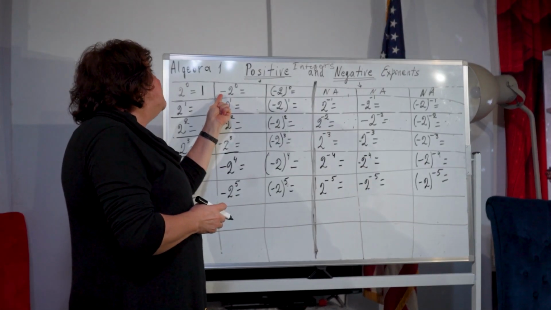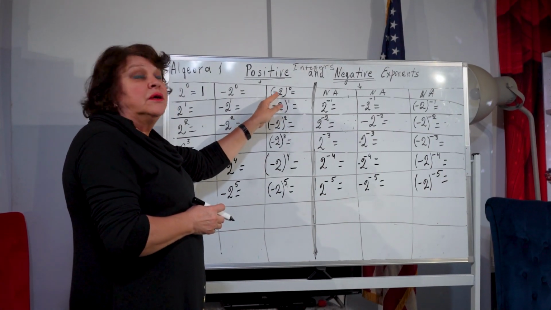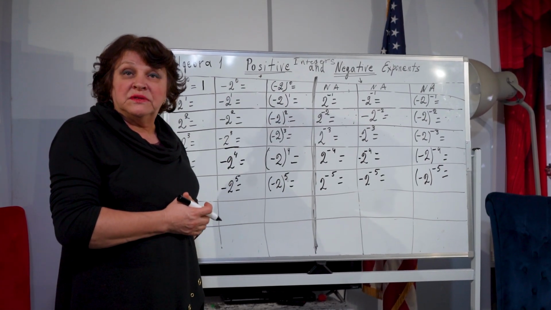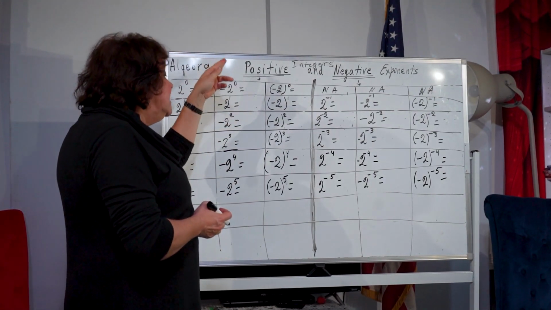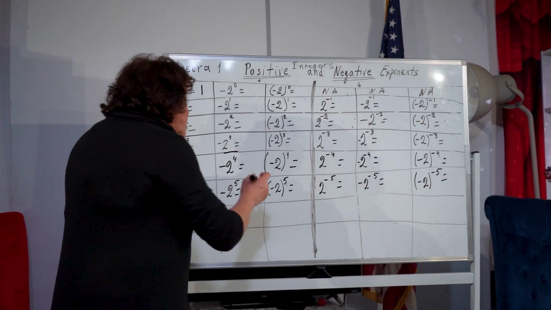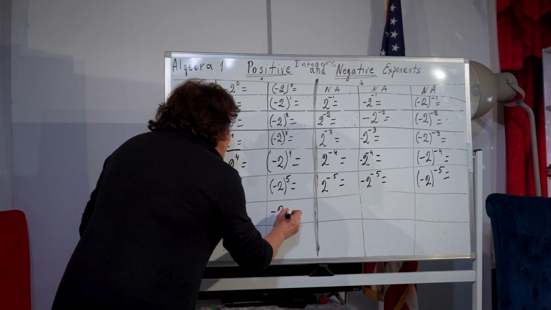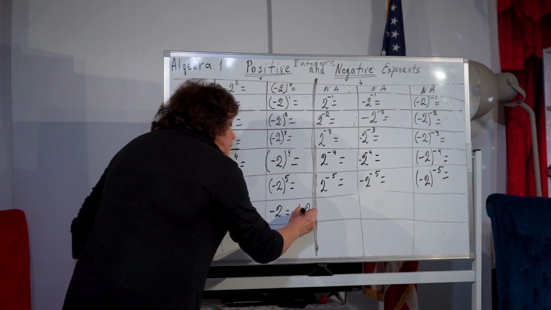Here, the base, negative 2, doesn't have parentheses. Here, we have negative 2 in parentheses. It's a big difference, because what does it mean, negative 2? Do you see this part? So negative 2 means negative 1 times 2.